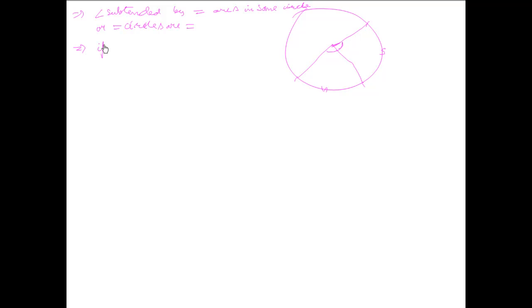Converse, if angles at center are equal, arcs subtended by them are also equal. Next children, arc properties. If arcs are equal, chords cut by them are equal.